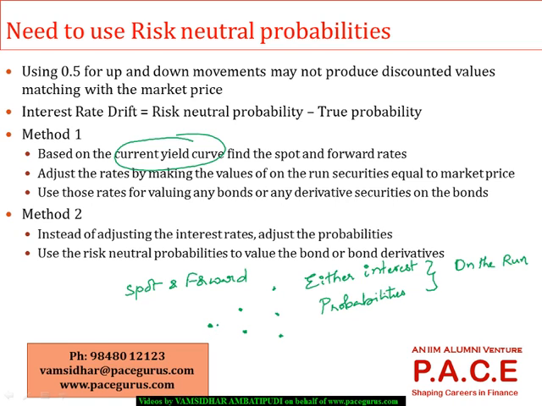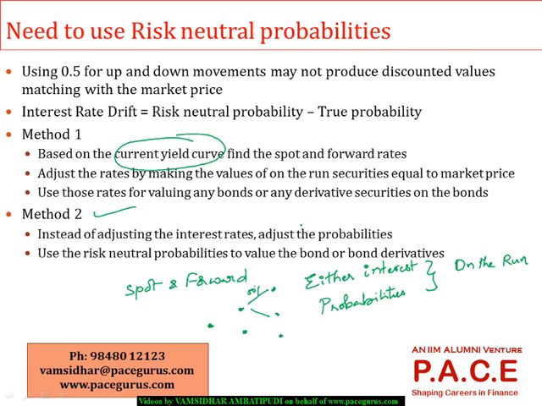Then there are two steps that I can go. Either adjust these interest rates by keeping the 50-50 probability itself, so that all the on the run securities are perfectly matched to their market values, and use those interest rates for finding the value of a bond or a derivative or anything else. That is one method.